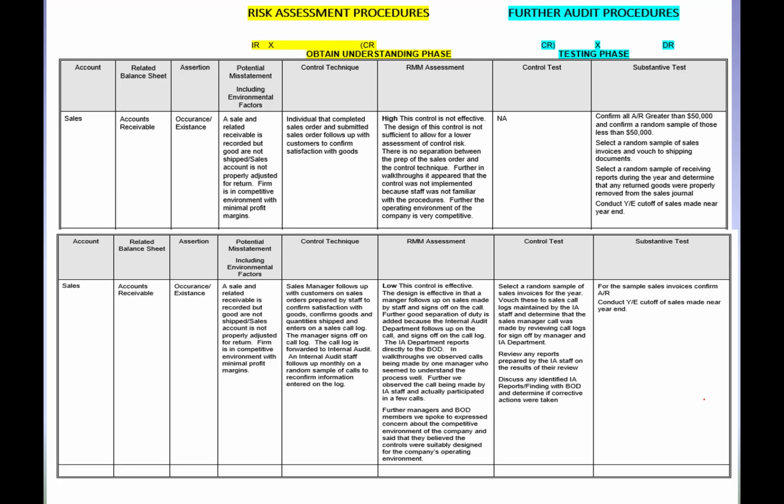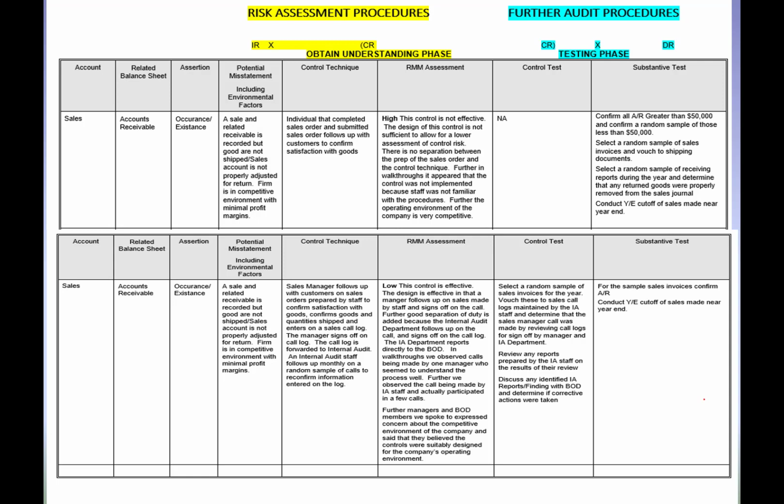You might do something like this. You call out the account, call out the related account like sales, and talk about what assertion. You figure out what could go wrong at the assertion level. We call that potential misstatement. Based on what you see with the control technique, you make an assessment of risk of material misstatement, which is a combination of my inherent risk, which is what could go wrong, the potential misstatement, and my control risk, right?